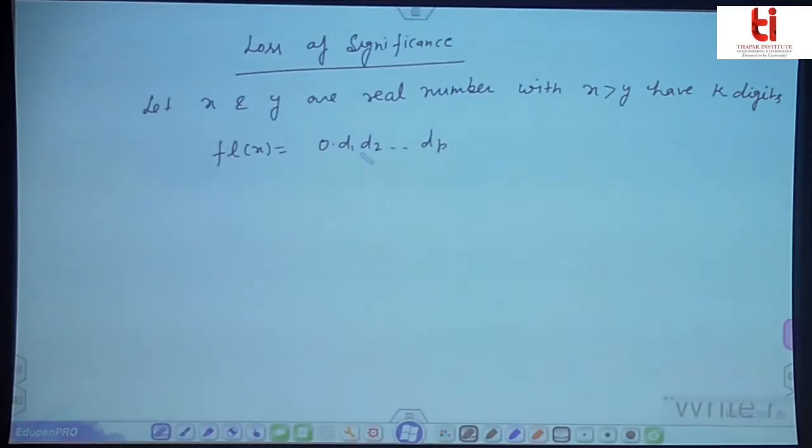Then floating of x will be 0.d1, d2, ..., dp, alpha p+1, alpha p+2, ..., alpha k into 10 raised to power n, and floating of y will be 0.d1, d2, ..., dp, beta p+1, beta p+2, ..., beta k into 10 raised to power n.